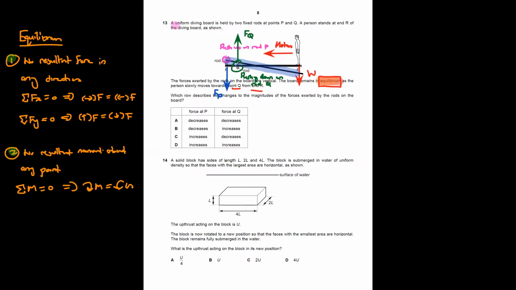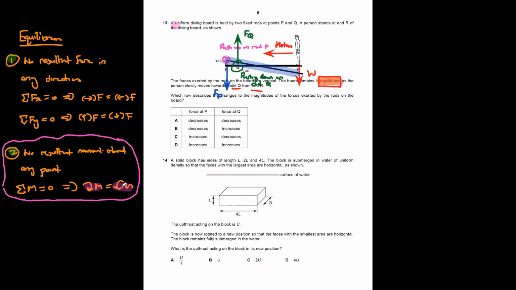As it moves towards the left, you're still maintaining equilibrium throughout. So which condition of equilibrium do you want to use? You would want to use the second one, where there's no resultant moment about any point. In other words, clockwise moment equals anti-clockwise moment about any point.